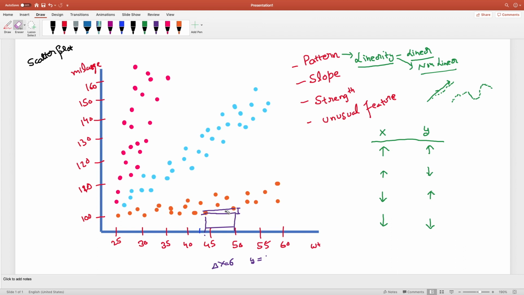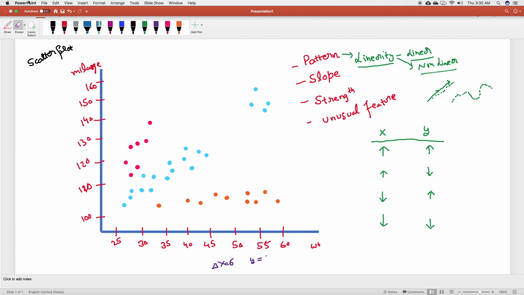The next thing which I wanted to understand is this strength. Now what does this strength mean? So I'm going to delete this completely, and I would like to give you an understanding of how things are changing over here.